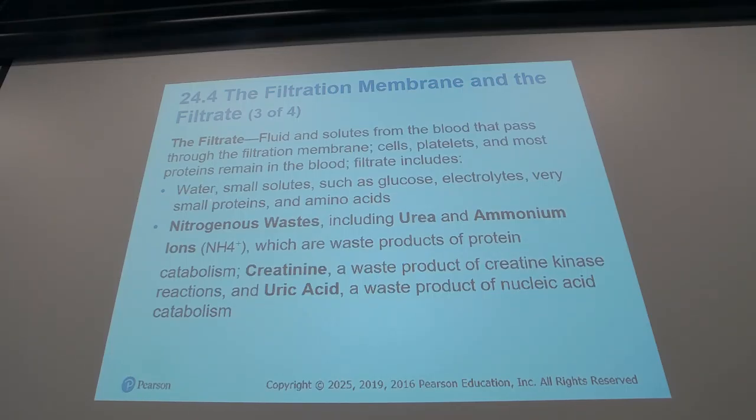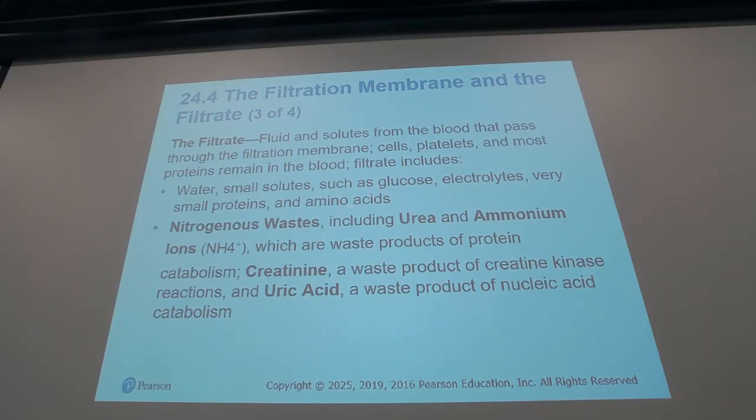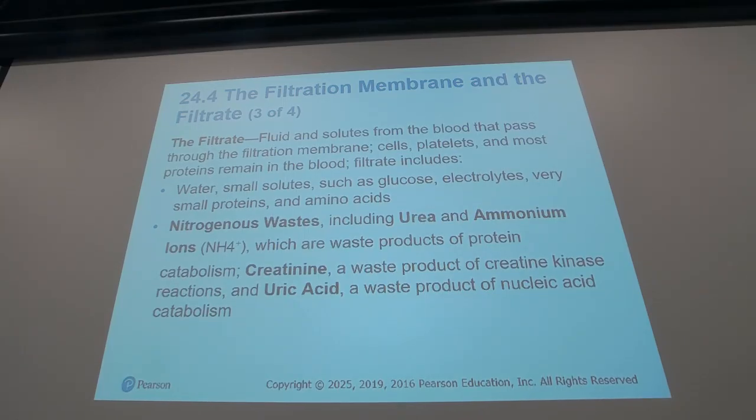So what is found in the filtrate? Water, majorly, and small solutes like hormones maybe, small proteins, amino acids, glucose, and electrolytes, which will be calcium, sodium, potassium. Sometimes we can have vitamins, depending on your nutritional state.